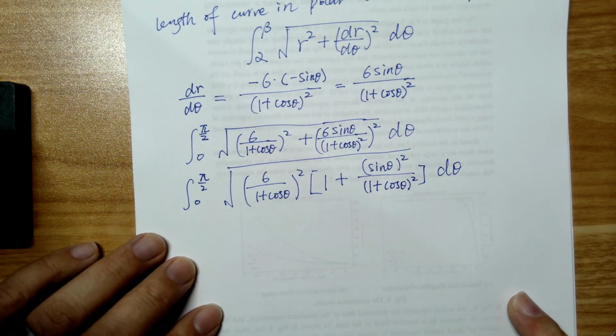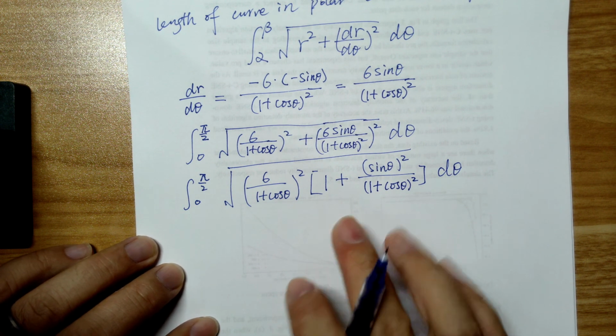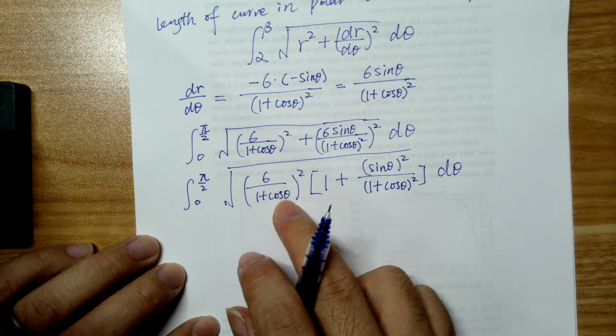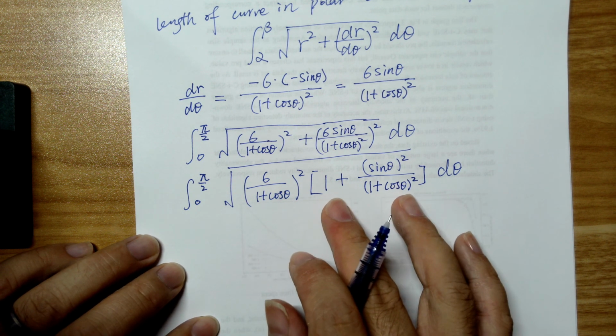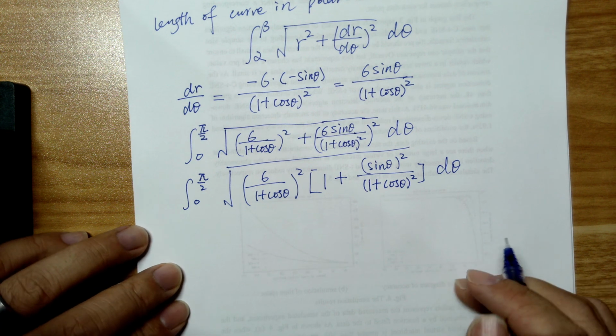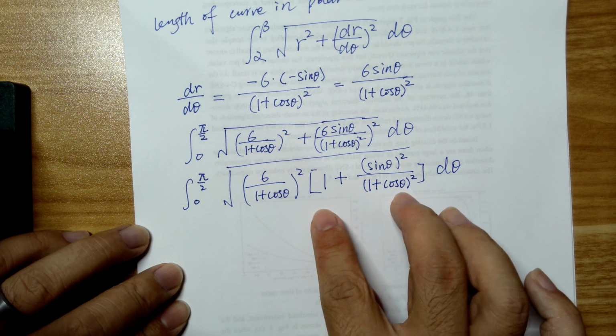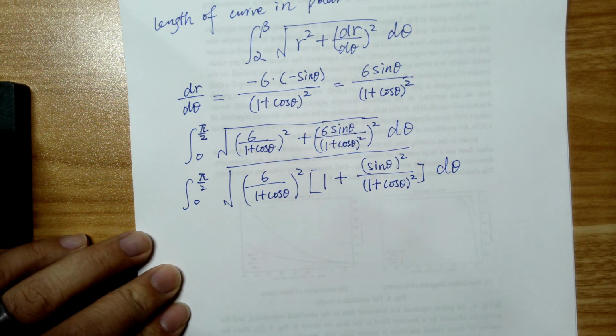So what we can do is either bring it outside, or maybe simplify a little bit to see if there is something we can do. So I'll simplify inside this bracket to see what happens.